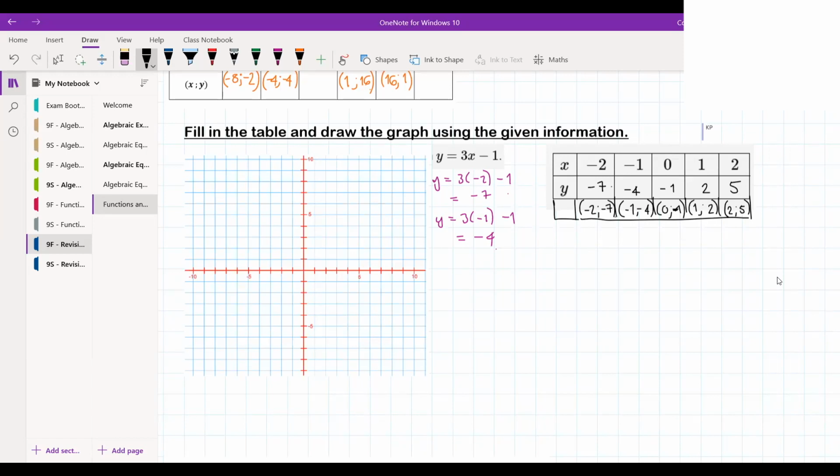All right, now I'm going to ask you guys one last time. If I plot these coordinates on the Cartesian plane, what kind of graph am I going to get? Straight line graph, beautiful. I see somebody say L. I need to know what L means.